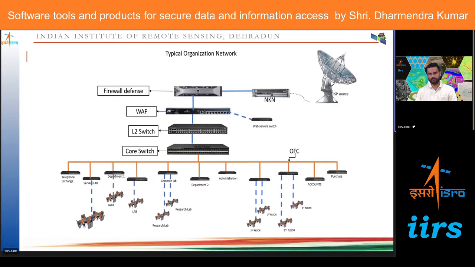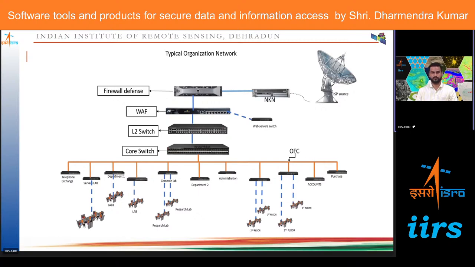Then if you have some websites where web services are running, then you will have the web firewall, which I just now explained. Then comes the L2 switch, level 2 switch. Then there are core switches, which distribute the network to various departments, labs, telephone exchange, accounts, purchase, and building administration. So typically in a network, this is the scenario.